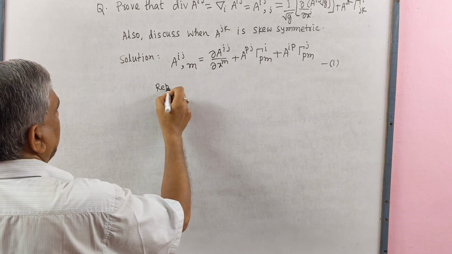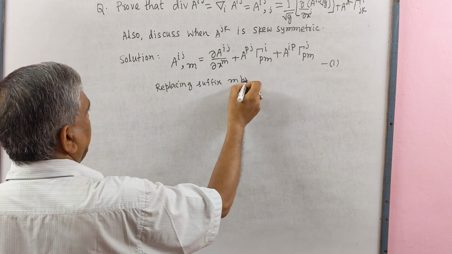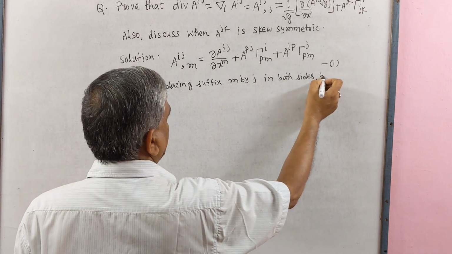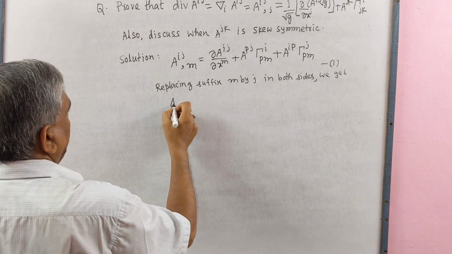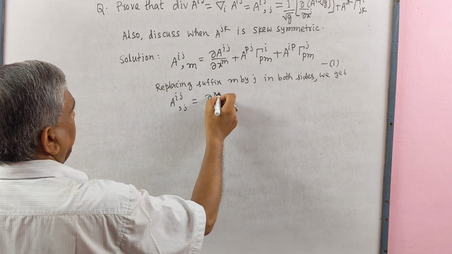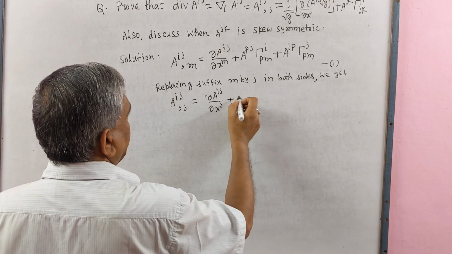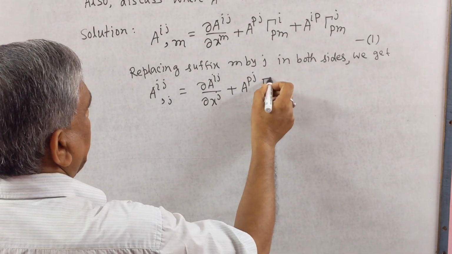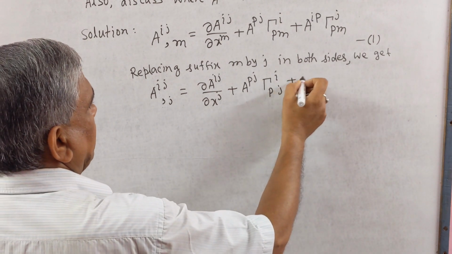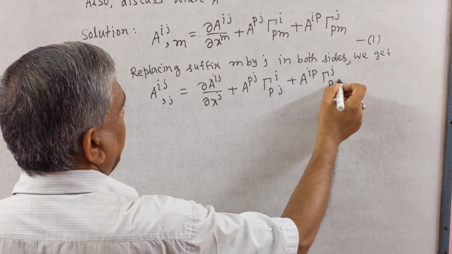Replacing the suffix m by j in both sides, we get A^ij comma j equal to del A^ij by del x^j plus A^pj, Christoffel symbol of the second kind {i, pj}, in place of m we write j, plus A^ip, Christoffel symbol of the second kind {j, pj}, in place of m we write j.